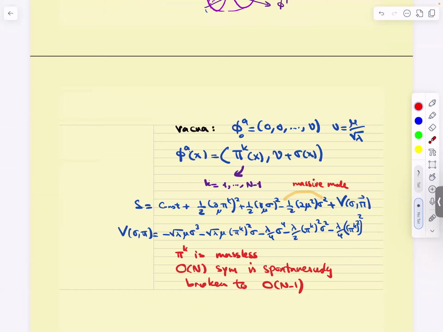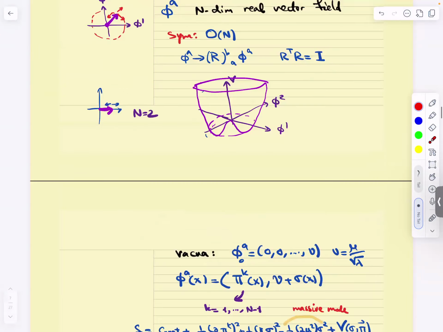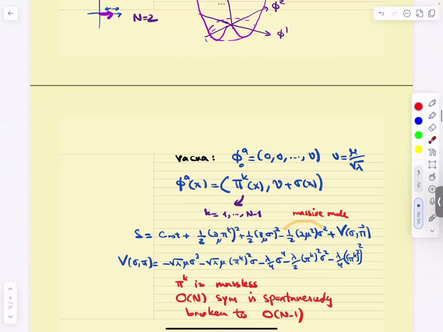So this sign is important. Previously, I took the other sign. All right. So when we do this, we're going to take this vacuum and expand our field around it. So here's a fluctuation in the radial direction, and here's the direction that we picked, and then here are the perpendicular directions.